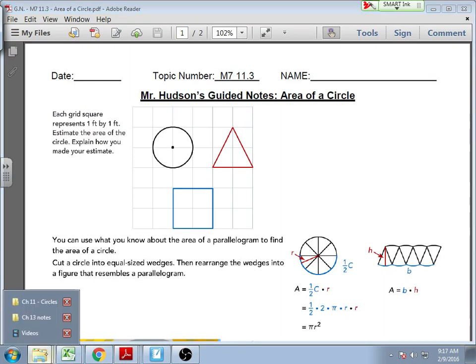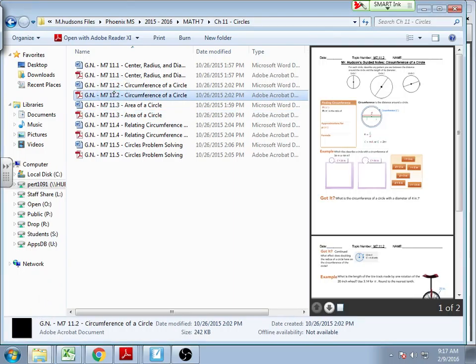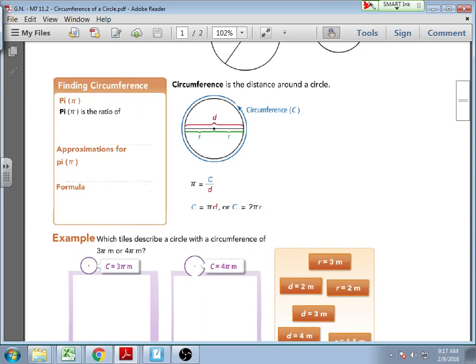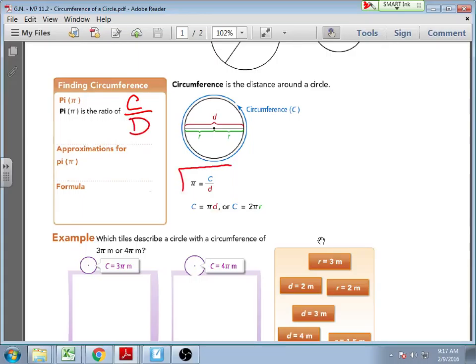It is, and if we go back and look at yesterday's notes, pi is the ratio of the circumference divided by the diameter. It's also given to you right here in the notes. So I ask it to you over there.